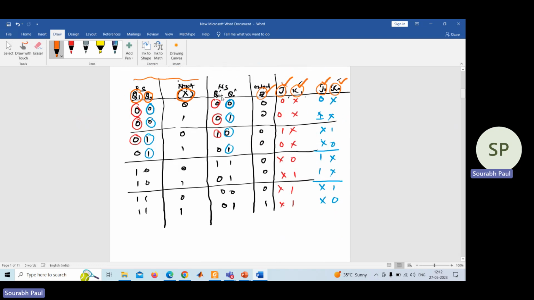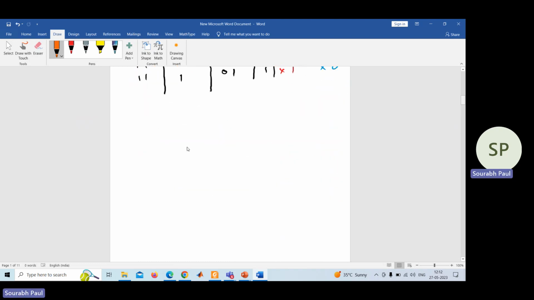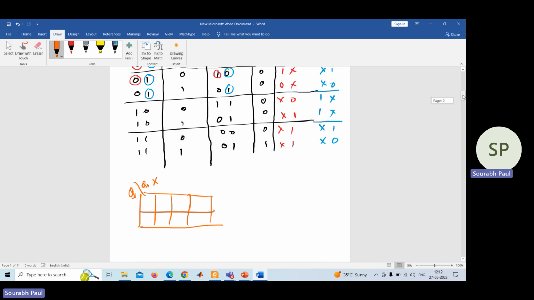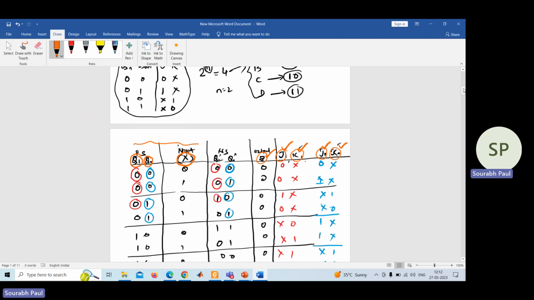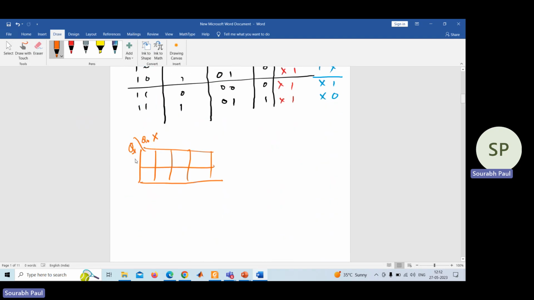And for each of the KMF, what input variable you need to consider? It is Q1, Q0, and X. So if you make the KMF, suppose I am showing for the first one. My input is Q1, Q0, and the third variable is input X I'm considering. So the variables 0, 1, 0, 0, 0, 1, 1, 1, 0.